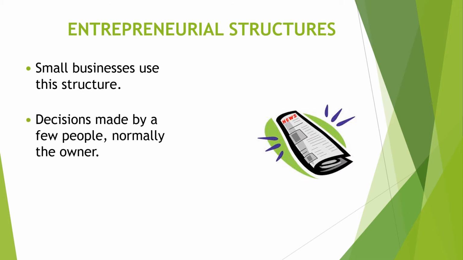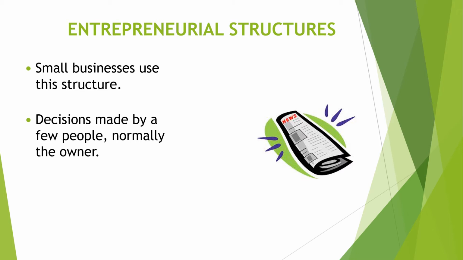I've put a graphic here of a newspaper, another example of where an entrepreneurial structure would be used, in a fast-paced business. If you think of a newspaper being created and printed every single day, there has to be a really fast turnaround.